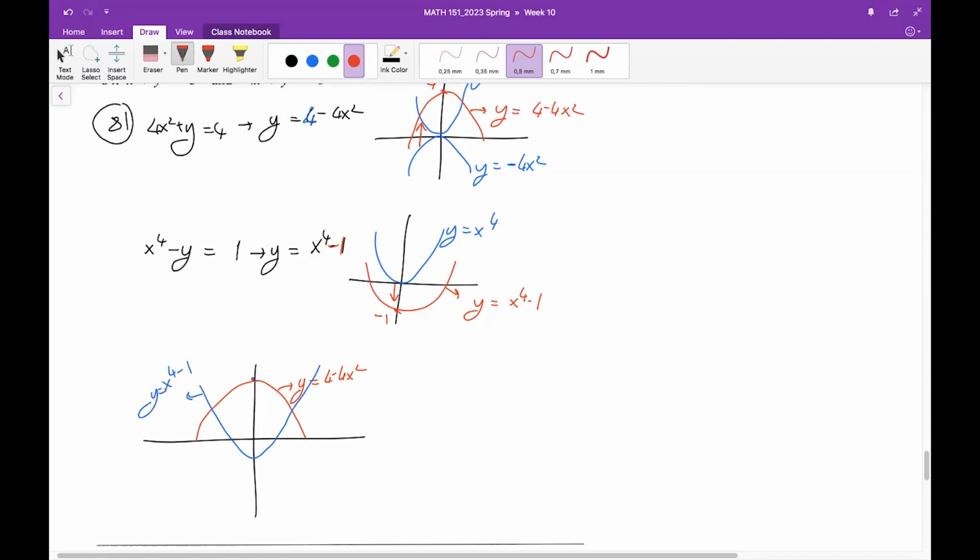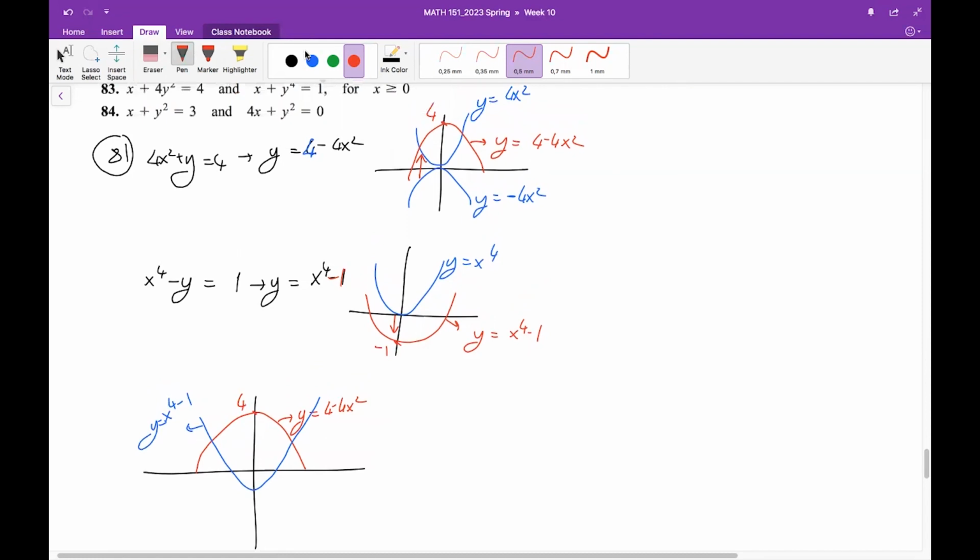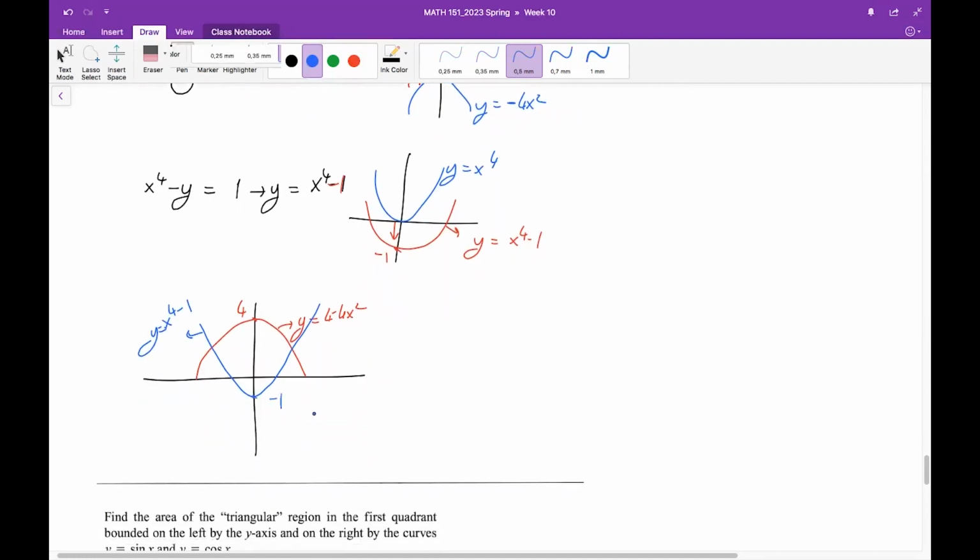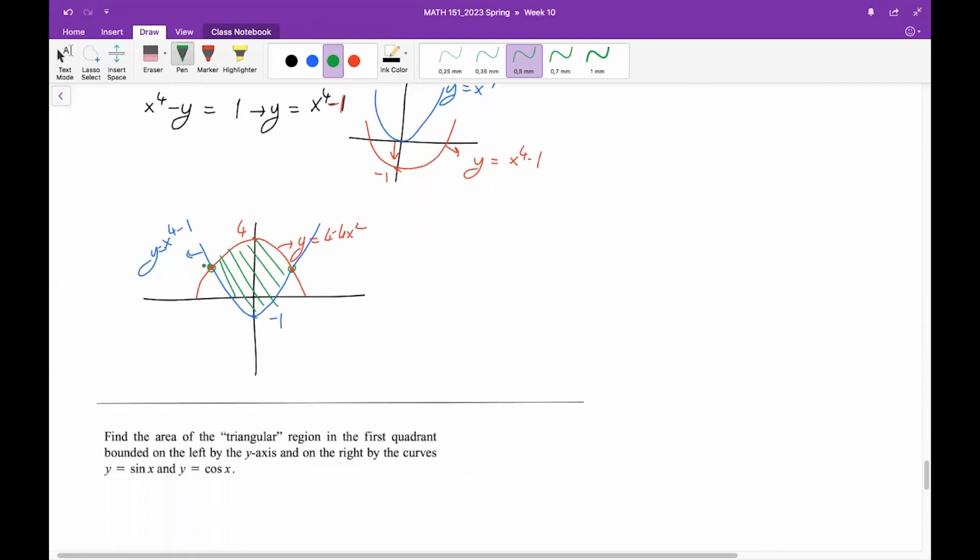Okay, this point is 4 and this point is minus 1. And as you can see, they intersect at these 2 points. To construct a definite integral for the area between these two, let's shade the area enclosed by these 2 curves. We want to compute this area, and to construct the integral for it, we want to solve for the intersection points.